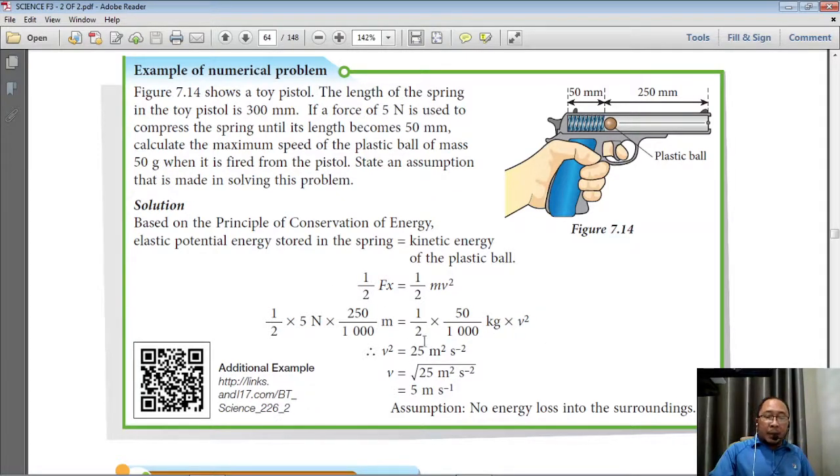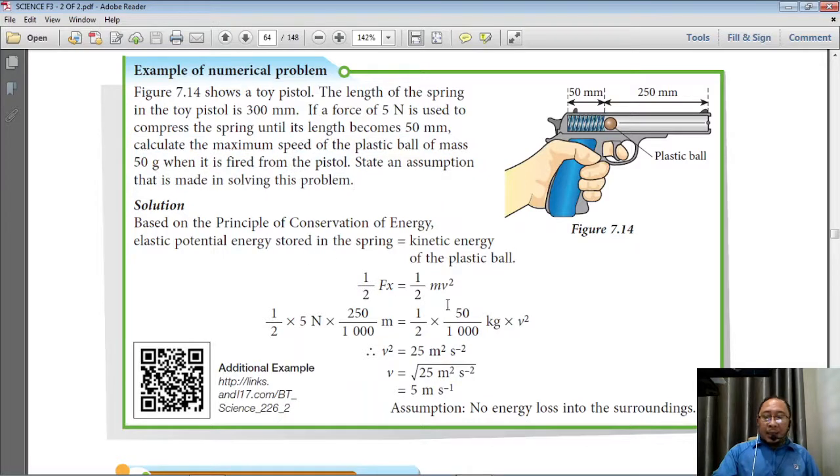Based on that, we can find anything relating to this energy. For example, in this situation, calculate the maximum speed of a ball of mass 550 gram when it is fired from the pistol, and state an assumption that is made in solving this problem.